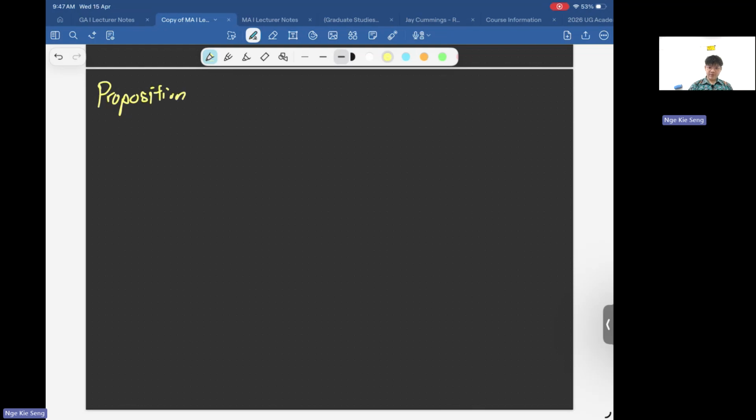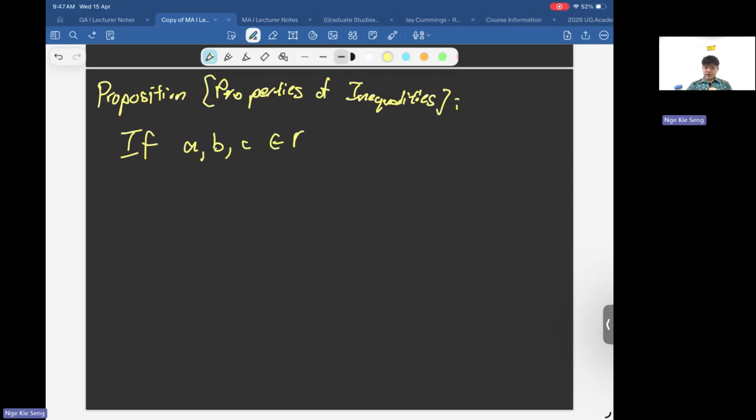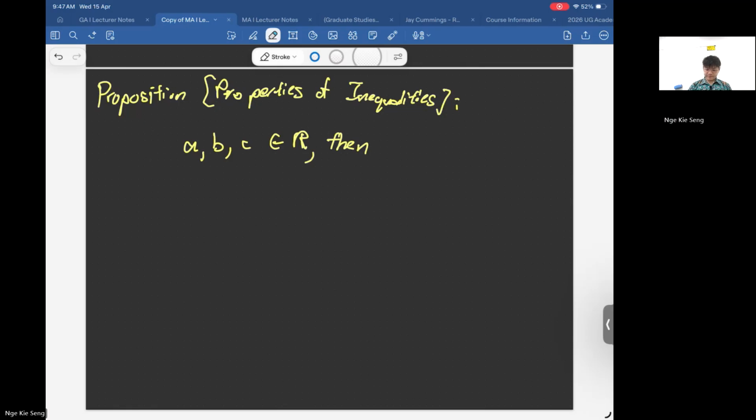Next, let's talk about properties of inequalities, since we have defined these inequalities now. Let's take 3 numbers from R again.